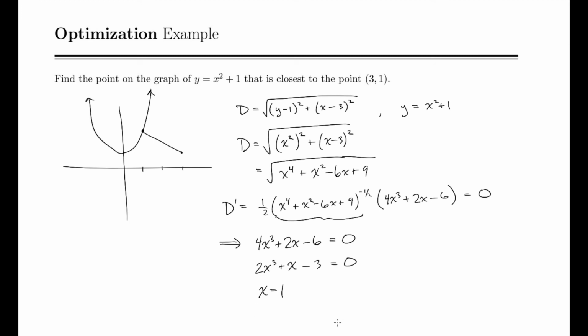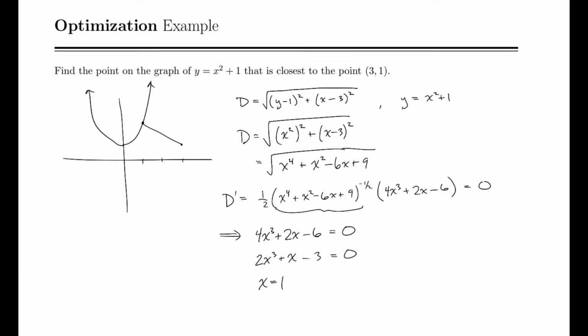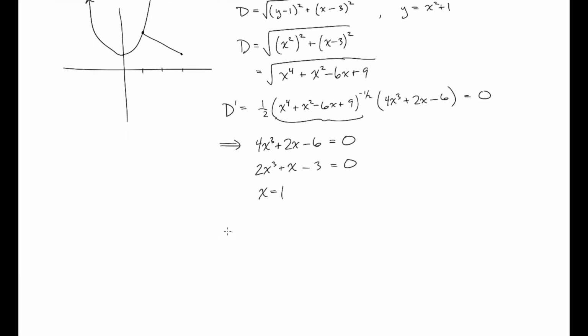And now we just need to make sure that that does give us a minimum. And so we'll use the first derivative test. We look at a number line, plot 1. If we plug in 0, we get this is positive, and that is negative. So this is positive times negative, which is negative, so it's decreasing.